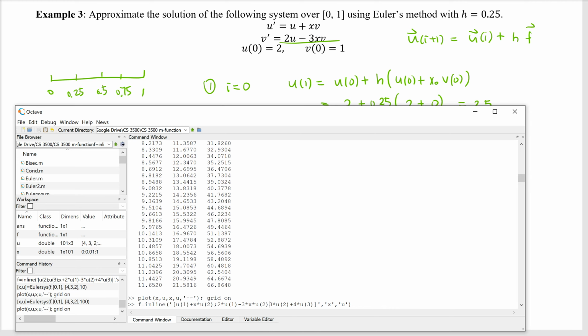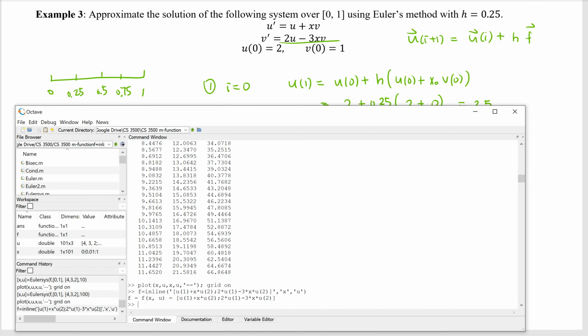And then we only have 2 coordinates. So we have this vector value function, and then we can do Euler system. F, the interval is still 0 to 1, and our initial point is 2, 1. Here we divide it into 4 steps.